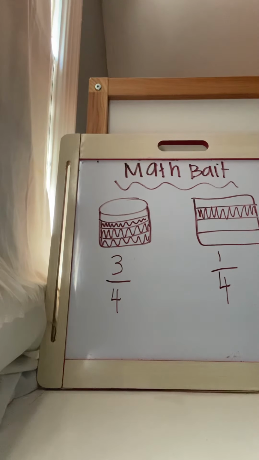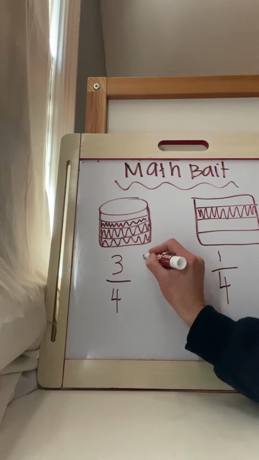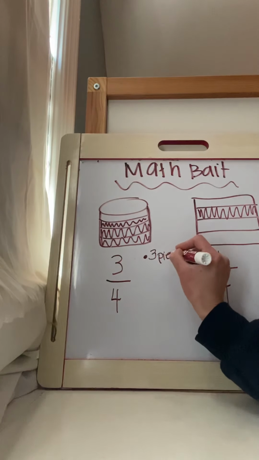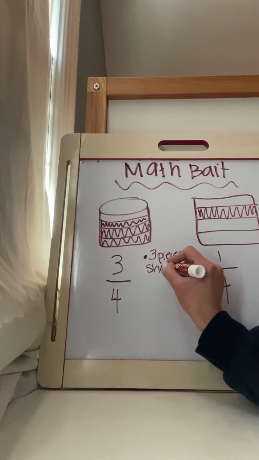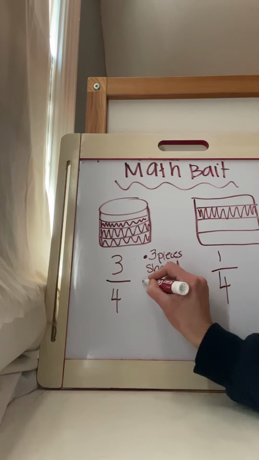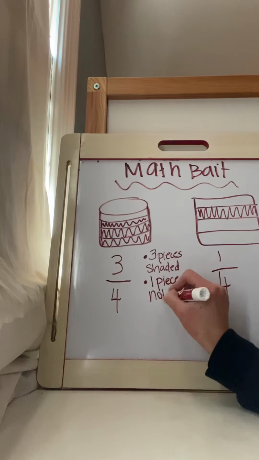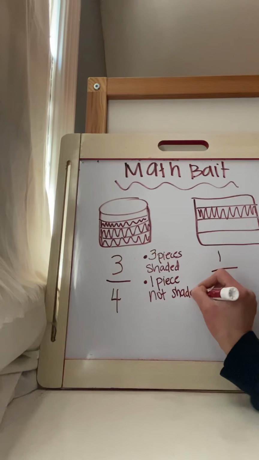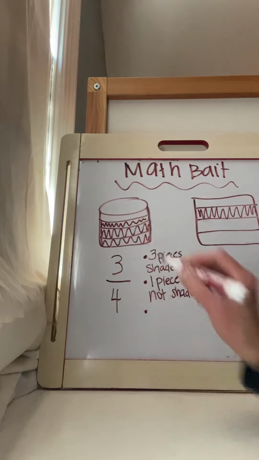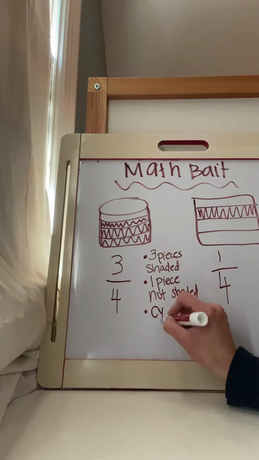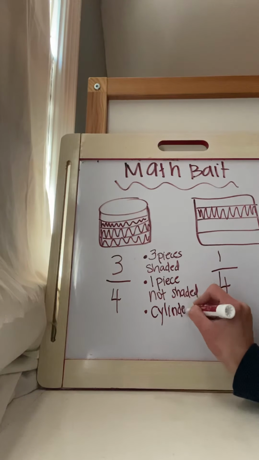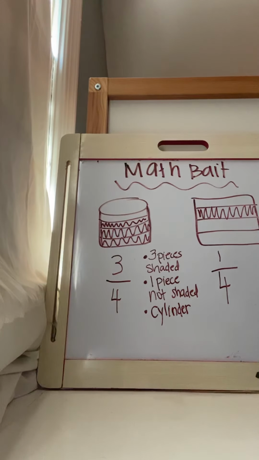So what do we know about these fractions and these shapes? So 3 things that I can tell you about this one is that there are 3 pieces shaded, 1 piece not shaded, and this one is a cylinder. Now, I would love for you guys to tell me lots about shapes this week because that's what we're talking about.